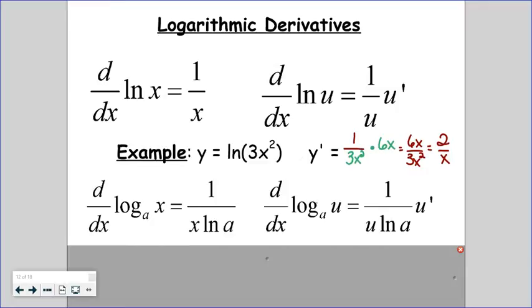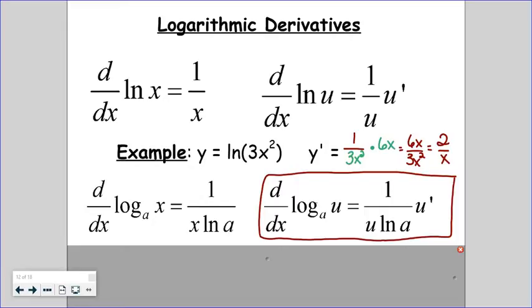And again, if the insides are more than just the plain letter x, it becomes chain rule. 1 over the insides times the natural log of the base times the derivative of the insides. So overall, this is the actual rule for all logarithmic functions, right? We can just simplify it a little bit, especially when it's a natural log and our base is e.